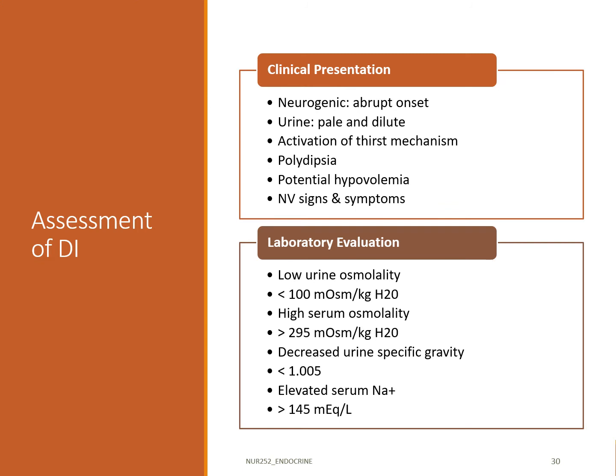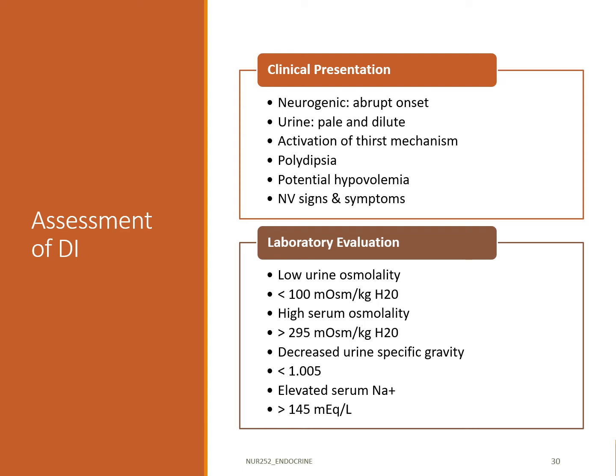Neurogenic DI usually occurs suddenly with an abrupt onset of polyuria, as much as 5 to 40 liters in 24 hours. The onset of nephrogenic DI occurs over a period of time. The urine in both classifications will appear pale and dilute.